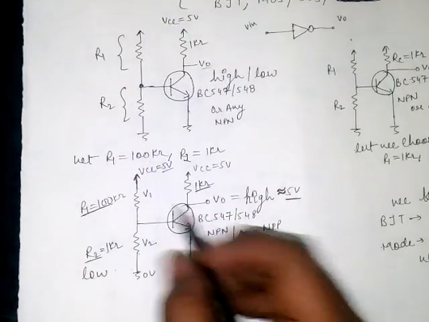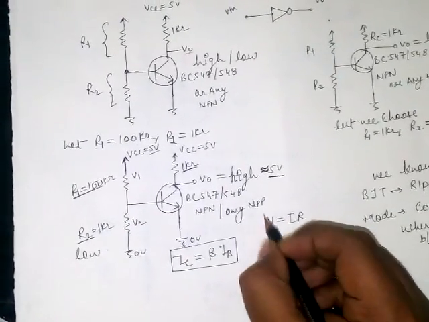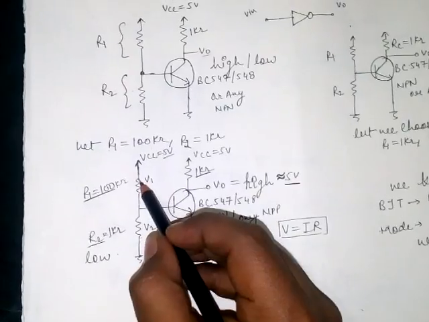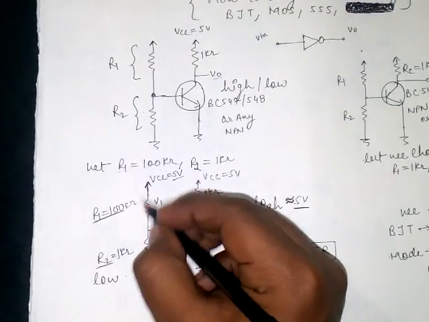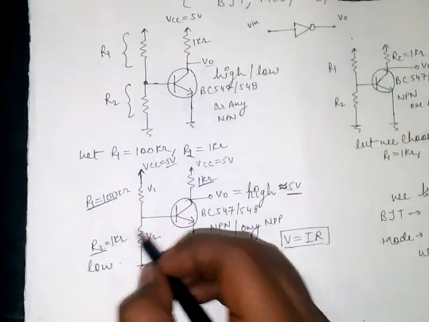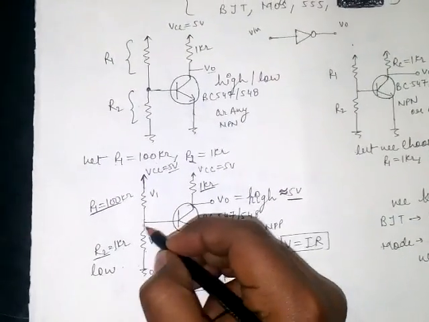When the current flows, according to Ohm's law, V equals IR, a voltage drop, say V1, will occur across this resistor and voltage V2 will occur across this resistor.